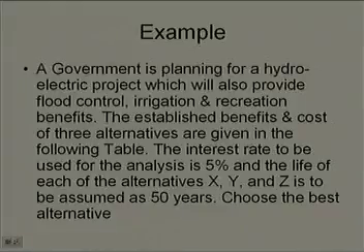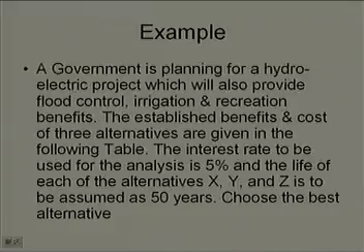The interest rate or the discounting factor is to be used as 5%. The life of each of the alternatives, let us say we call the alternatives X, Y and Z, you have to consider as 50 years. Now, our problem is to choose the best alternative.